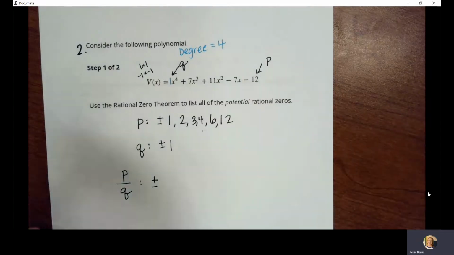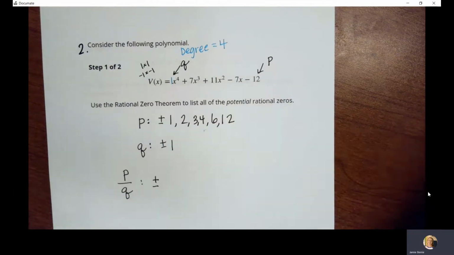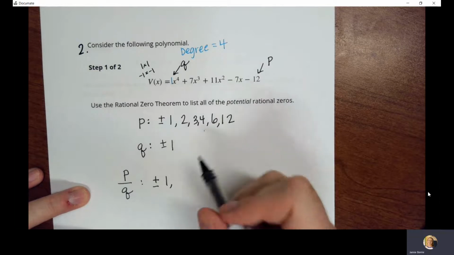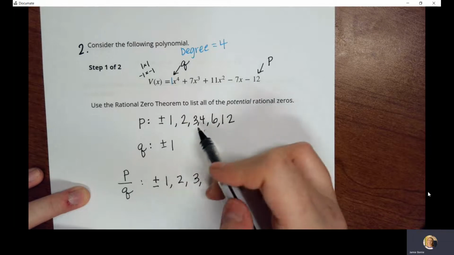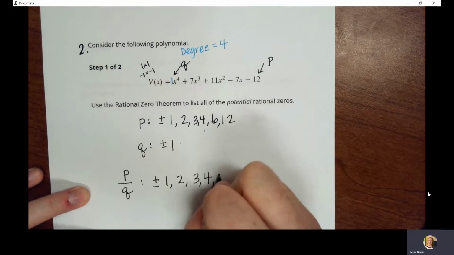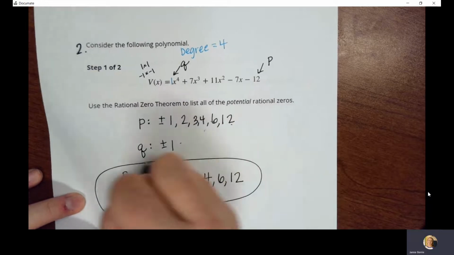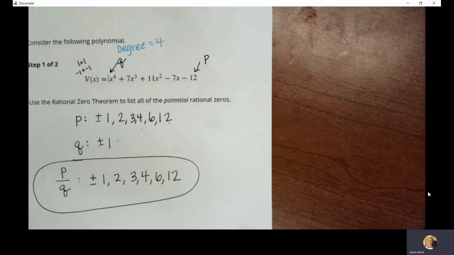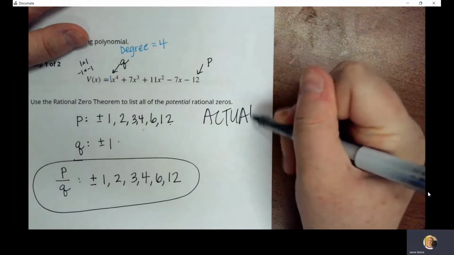All right, so starting here. 1 over 1 is 1. 2 over 1 is 2. 3 over 1 is 3. 4 over 1 is 4. 6 over 1 is 6. 12 over 1 is 12. There's our potential rational zeros. We can go over here, figure out which ones are actual zeros. That'll help us for the next step.